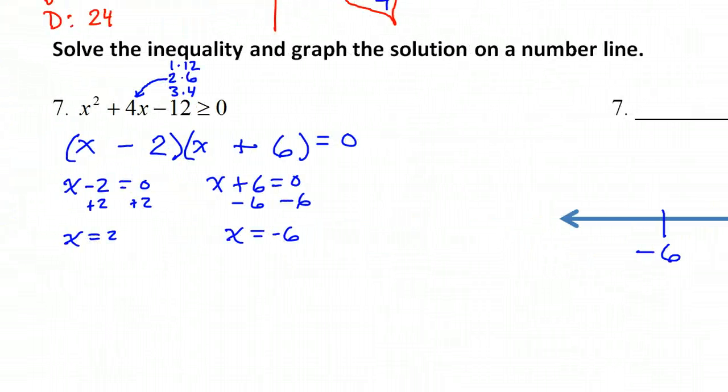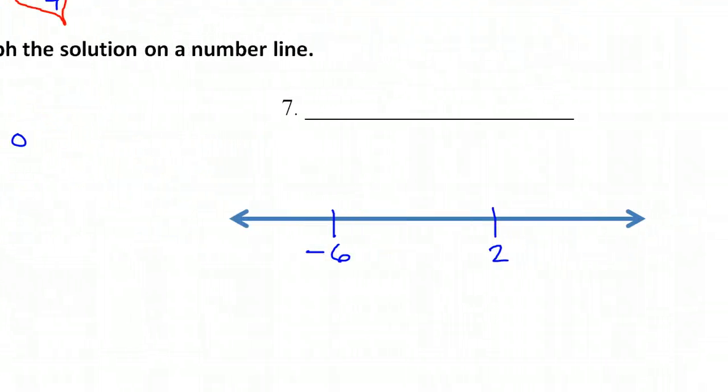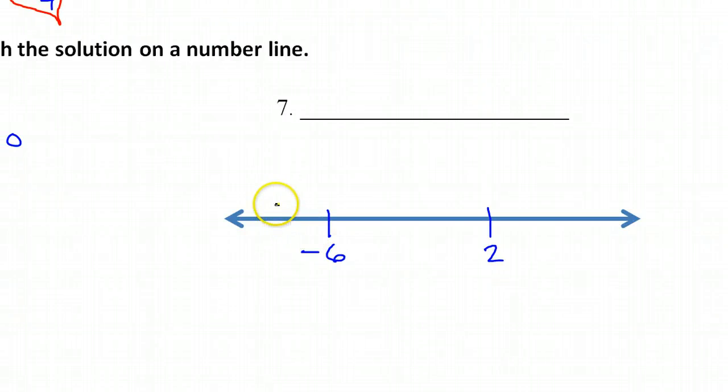Now, in reality, we're trying to find out where the function is greater than or equal to 0. So what we're going to have to do is pick some test values, one in each of these zones. We have a zone over here, a zone in the middle, and a zone on the right.